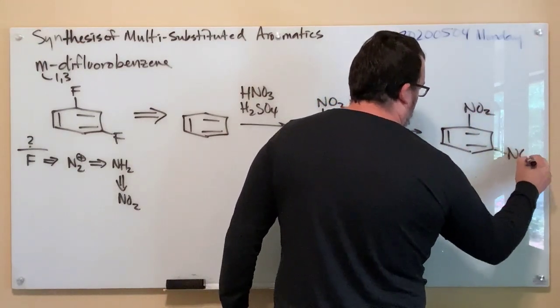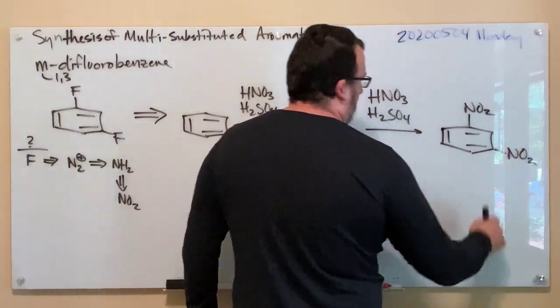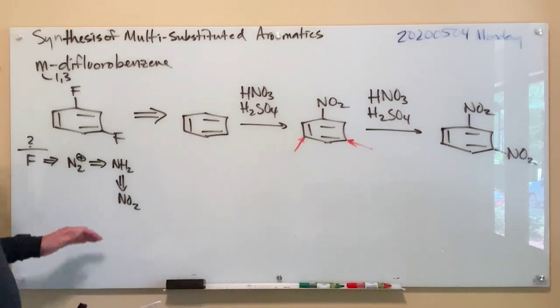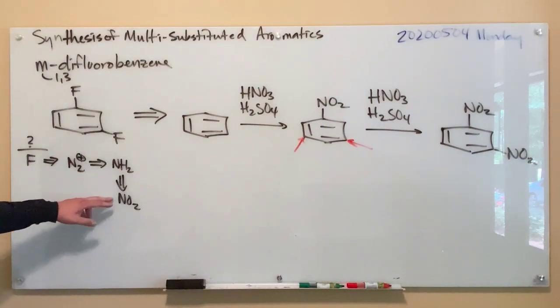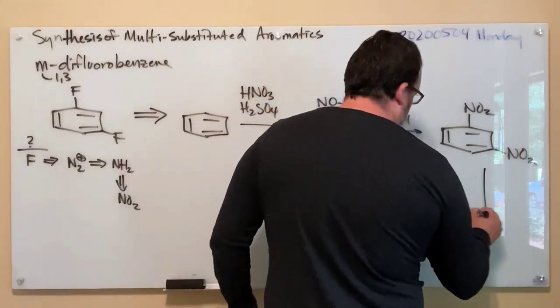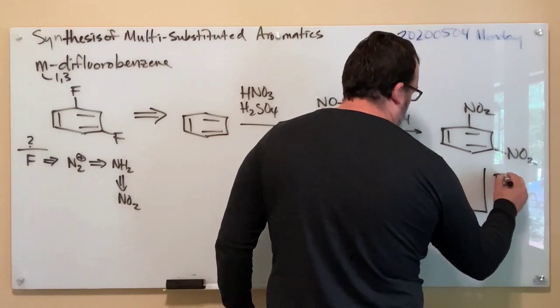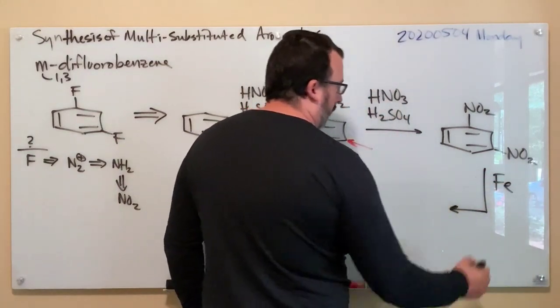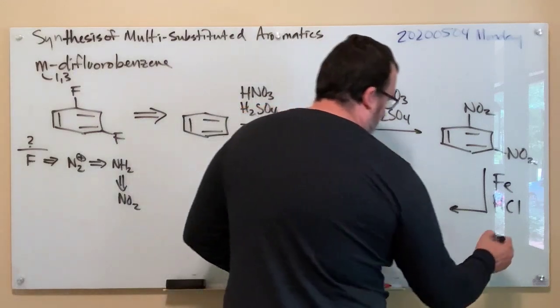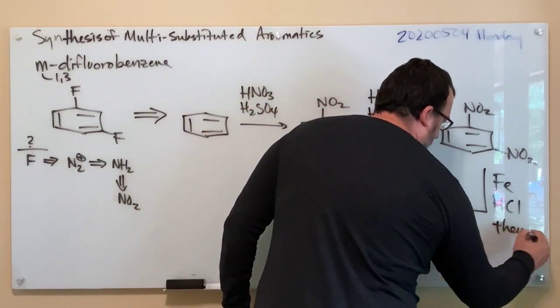So now we have 1,3-dinitrobenzene. So according to our scheme here, we have both nitro groups on. Now we need to reduce them. So the conditions we can use for that, there are a couple different ones. We'll pick one. We'll use iron metal, HCl, and then we need to neutralize.